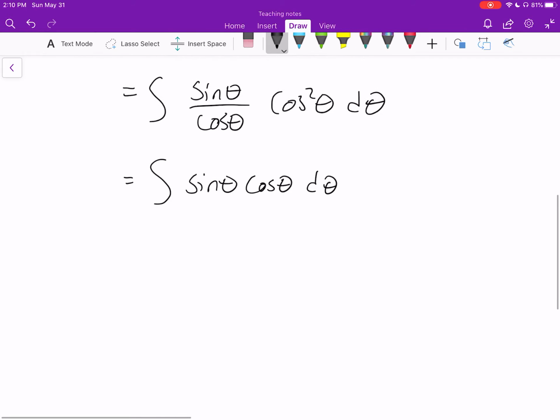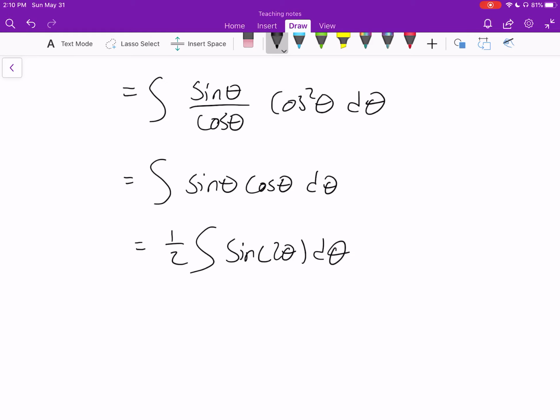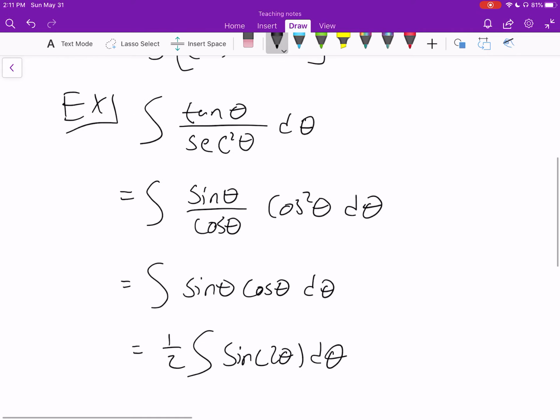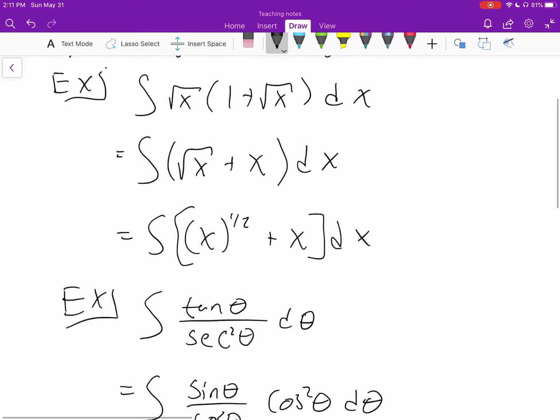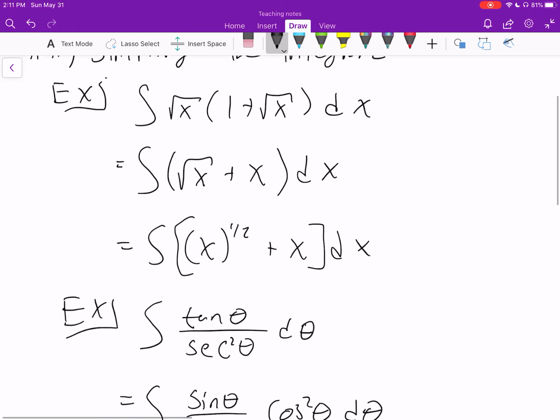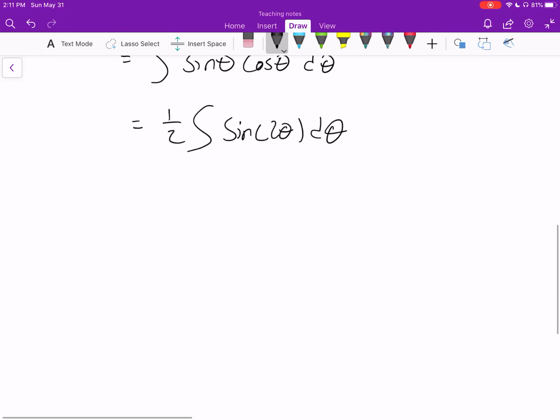You can use u substitution on this if you want, but there's a trig identity that says sine theta times cosine theta is 1/2 sine of 2 theta. And now that's integrable. There are some more examples, but they're just things you're trying to simplify, so you don't have to do anything more advanced. So again, one is just simplify, and see if it turns into something you can integrate directly.